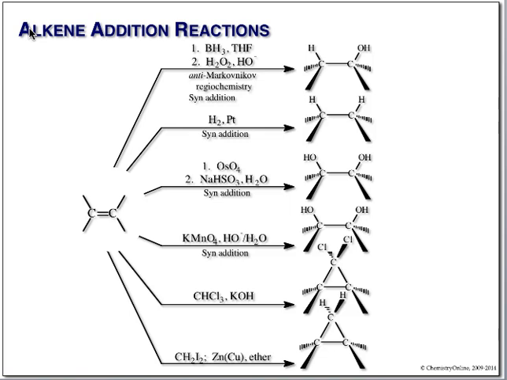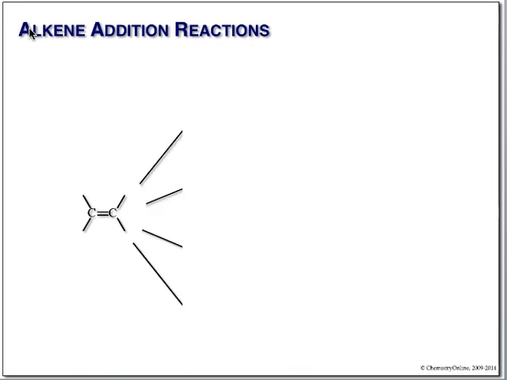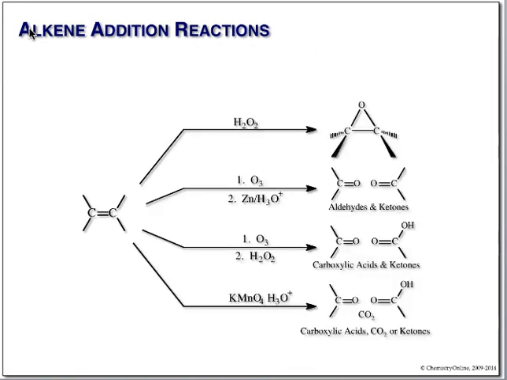These things sound a little strange, but chloroform and KOH introduces dichlorocarbene. This mixture here introduces carbene itself, and you make cyclopropane rings. We'll talk about those. And our last group here are the oxidations. We can take a double bond with peroxide and make a cyclic ether called an epoxide. You've heard of epoxy resin.